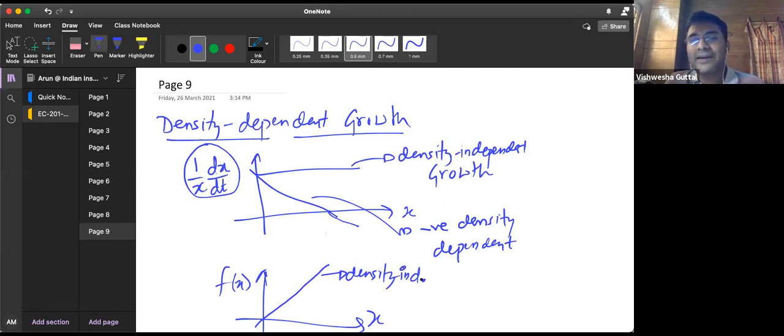So density independent growth, if you were to plot for the population, will look like a linear curve. And it is the density independent growth that also leads to exponential growth. The density dependent ones have other forms. Okay, so let me know if you have any questions before we move forward.